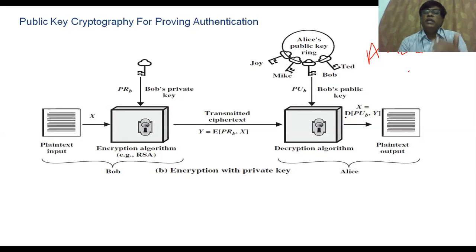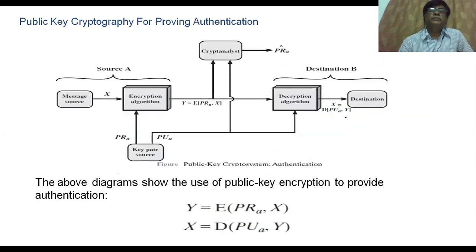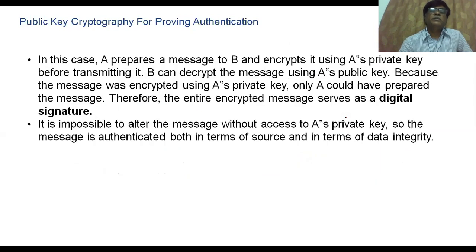And now she tries Bob's public key, it is opened. That means she comes to know that the box was sent by Bob only, because that box is opened using Bob's public key. So like that, authentication happens. This is the similar case.